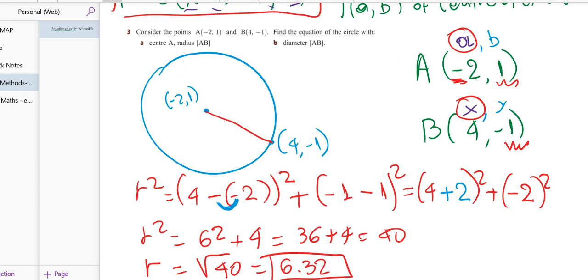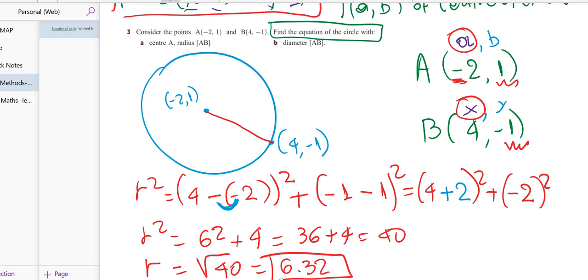Okay, so this is the example where we find the radius. We now do what the exercise of the book wants: find the equation of the circle.